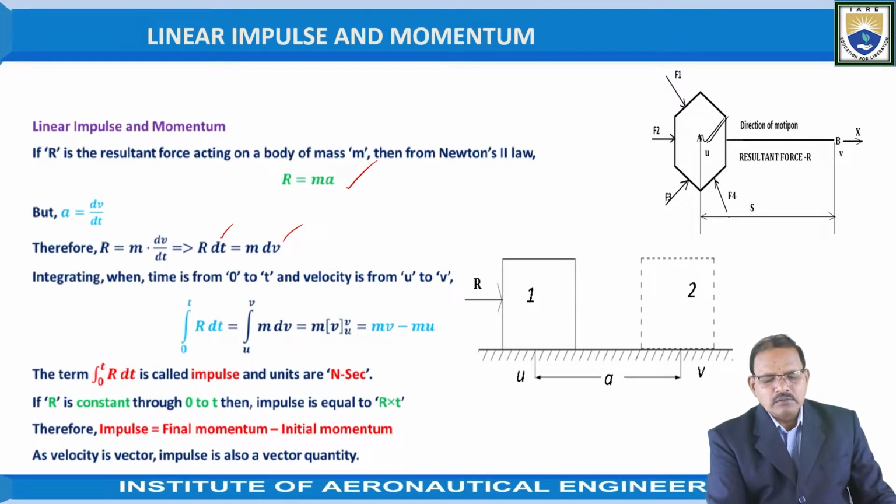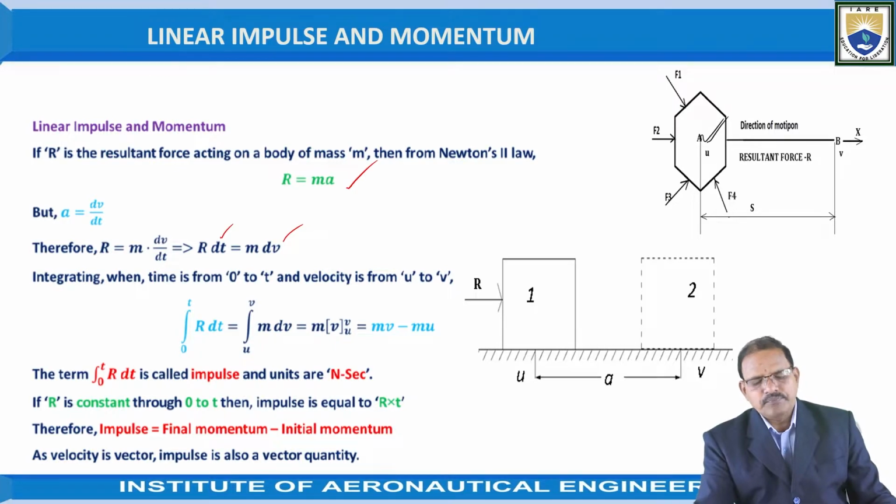but it should be equal to the integration from 0 to t of R dt. The product of R and t, integrated from 0 to t, is called the impulse. The units are force times time, hence it is Newton seconds.